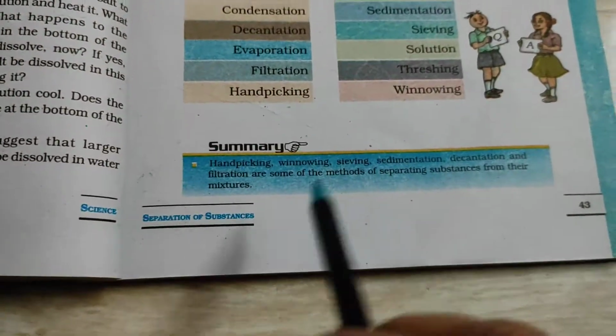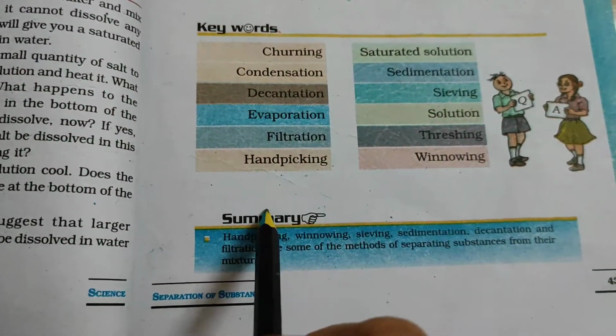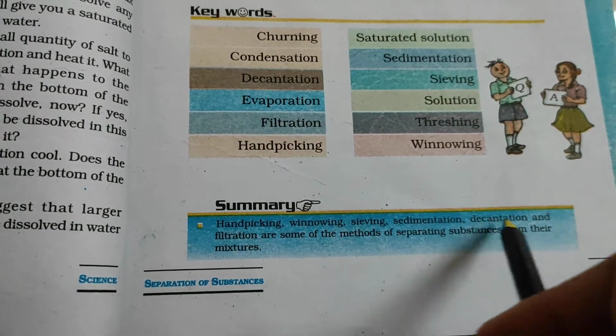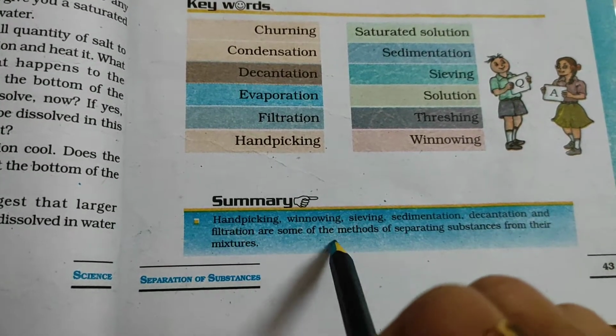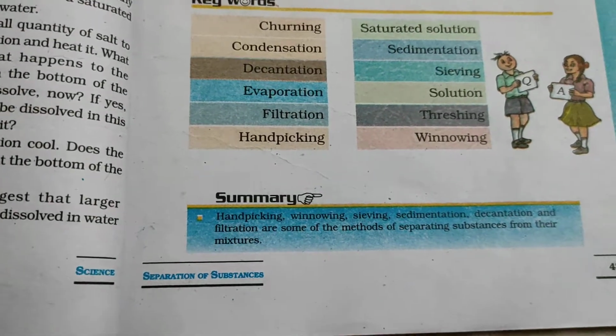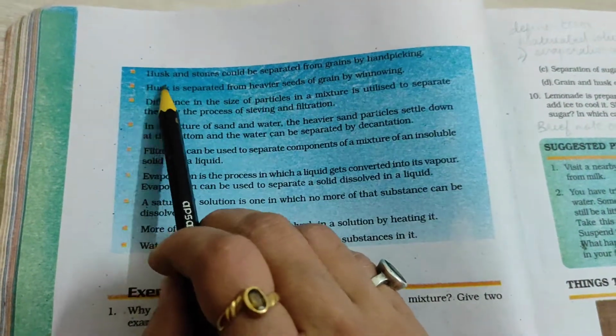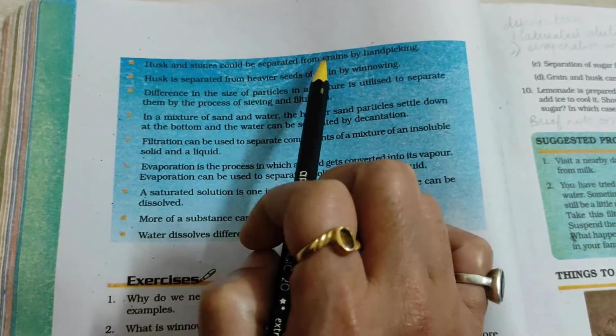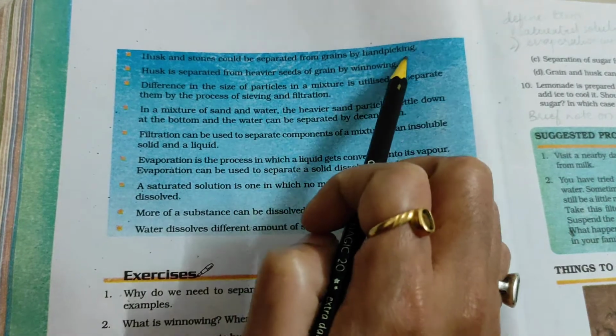So students, try to read the summary. Hand picking, winnowing, sieving, sedimentation, decantation, and filtration are some of the methods of separating substances from their mixture. Husk and stones can be separated from grains by hand picking.